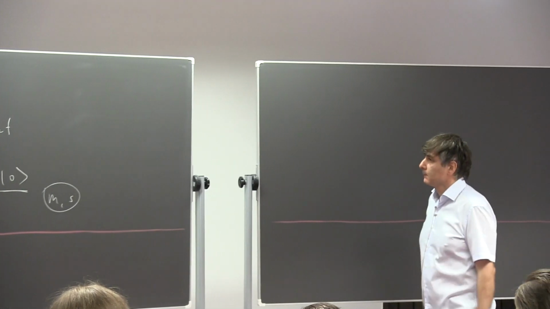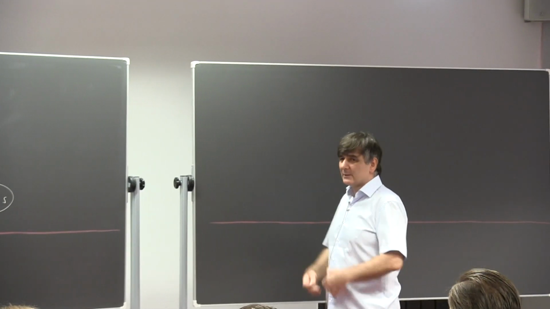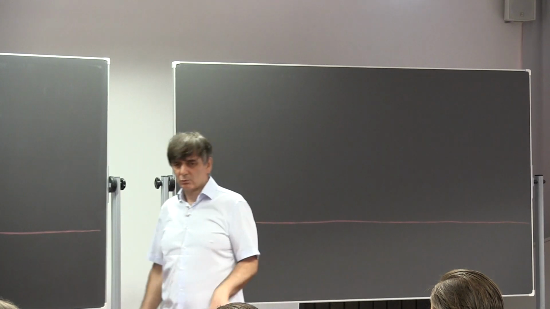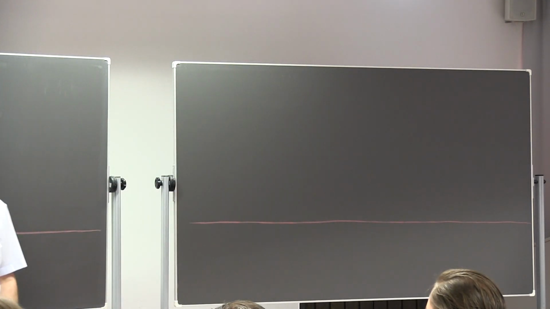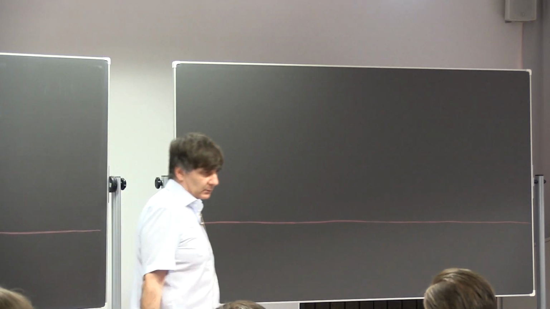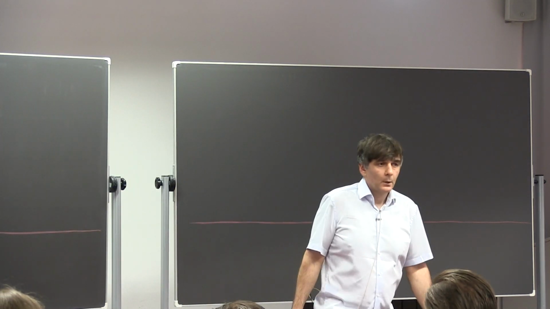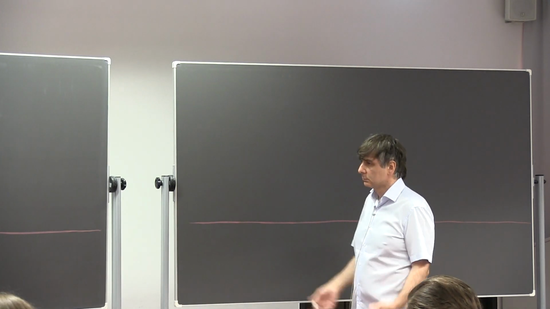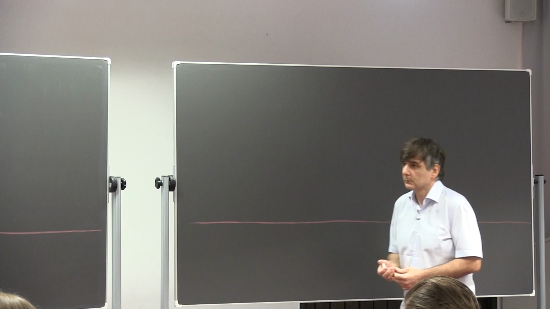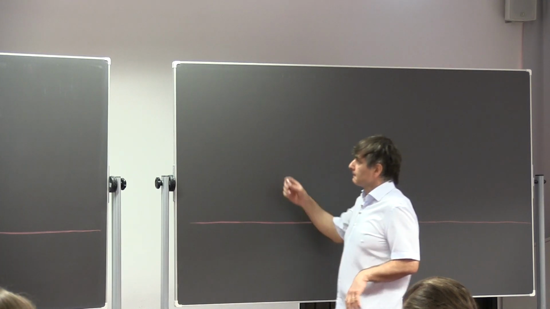Right? Now, the simplest prototype theory that we usually discuss in the textbooks, which exhibits gauge redundancy, is Maxwell's electrodynamics, right? Okay. So let's take this as a starting point, Maxwell's electrodynamics.